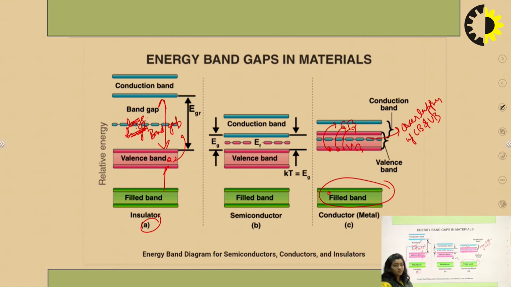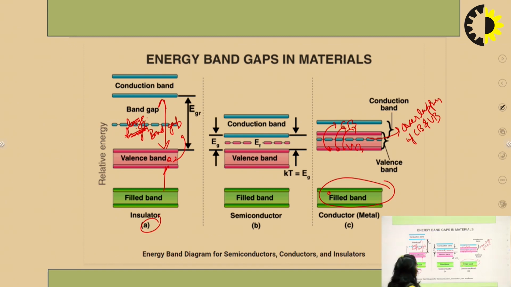So no amount of external energy is available which can move the electrons from the valence band to the conduction band. So these types are called insulators. Like we already saw, rubber, wood, glass, they will not allow the flow of electric current through them.